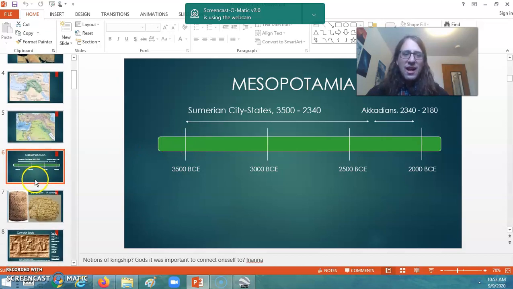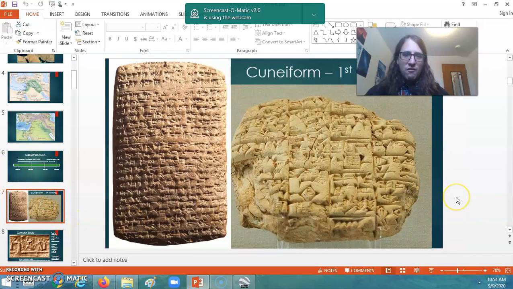And there's a lot of cool stuff going on here. For instance, in this time period is the invention of writing. This is cuneiform, one of the earliest writing systems we know. And it's a writing system that involves making wedge-shaped marks on clay, and it's a Latin word meaning wedge-shaped, cuneiform.